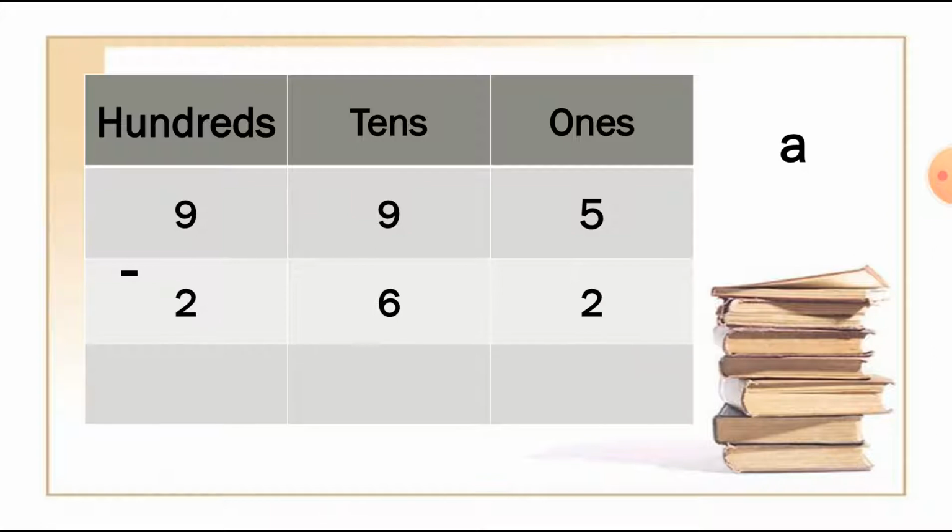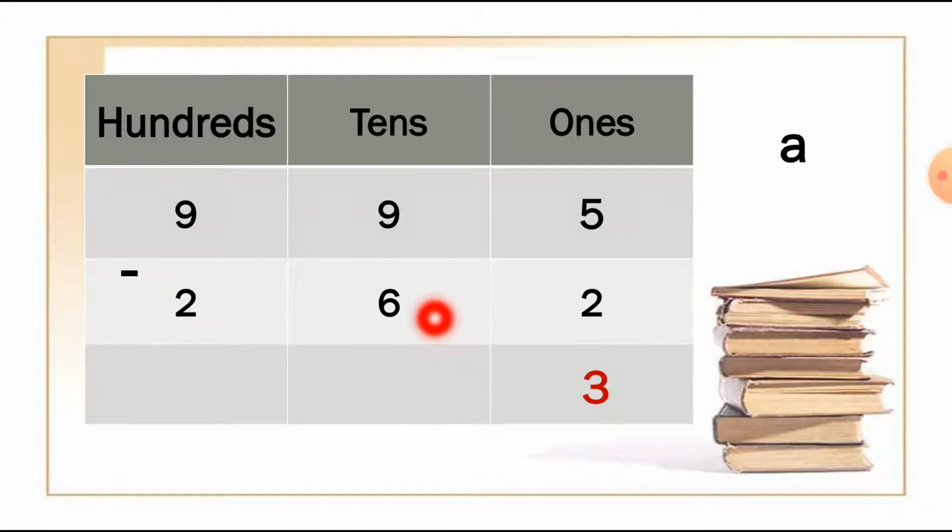So let's start subtracting this sum with the ones column. The ones column is 5 minus 2. We have to cut 2 from the 5. So 5 minus 2 is equal to 3. So the answer of the ones column is 3. Then the tens column, 9 minus 6.